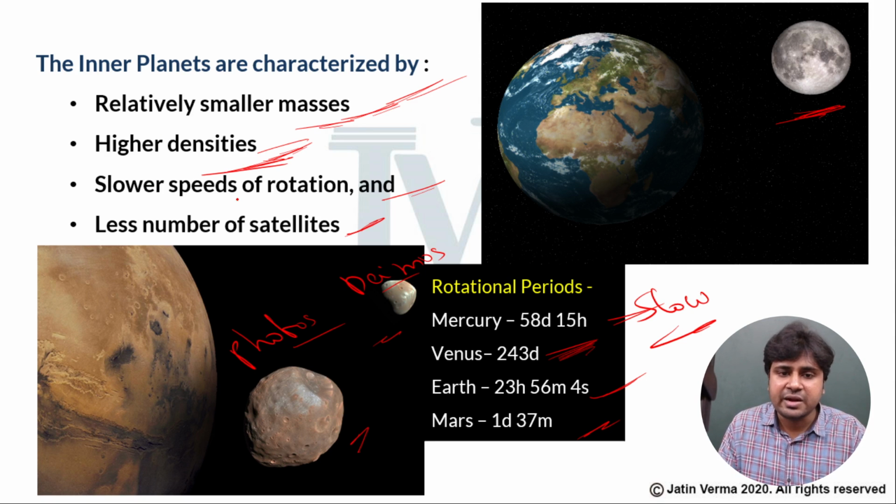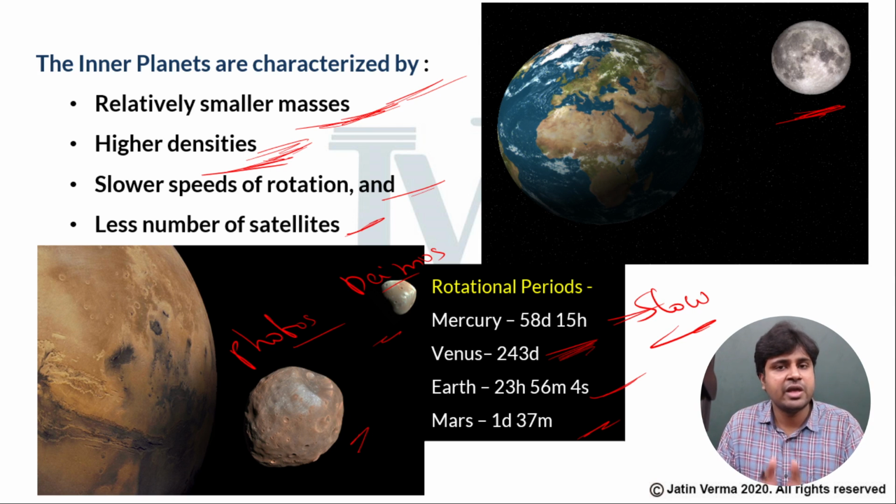So these are the characteristics of the inner planets or terrestrial planets or rocky planets. First, they have very small masses. Second, they have high densities because these planets are made up of rocks. They have rocky surface. They are solid. So they have higher density. Next, these planets have slower speeds of rotation.